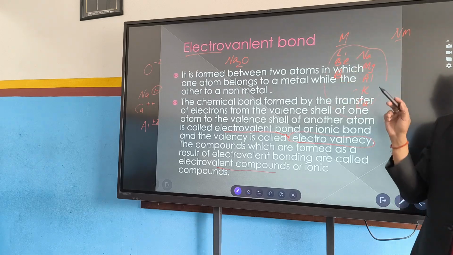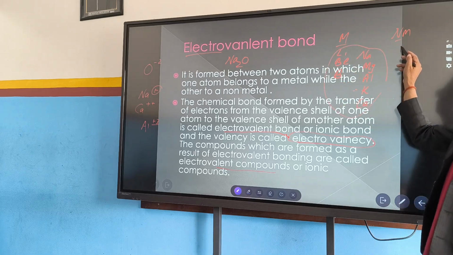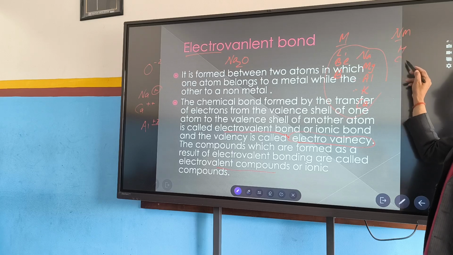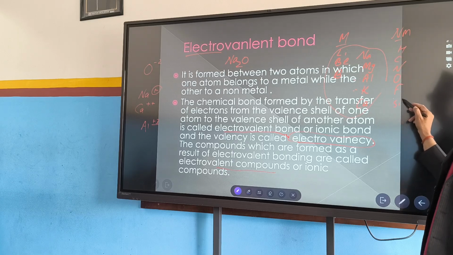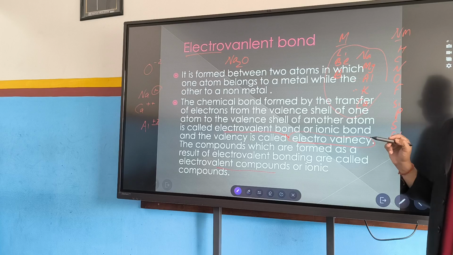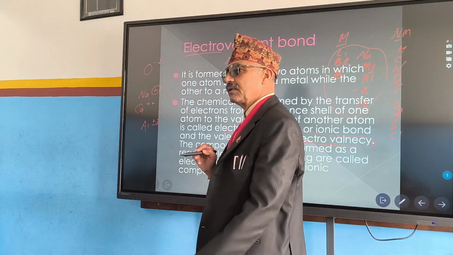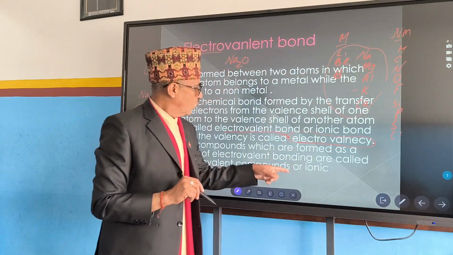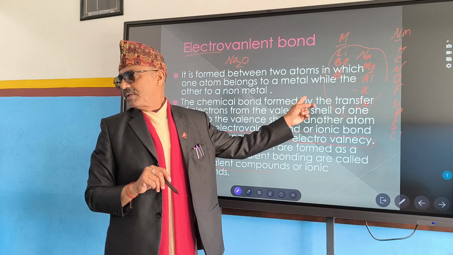Only these are metals. The rest, like hydrogen, carbon, nitrogen, oxygen, fluorine, silicon, phosphorus, sulfur, chlorine, these are non-metals. So you have to check whether the first one is metal or non-metal.